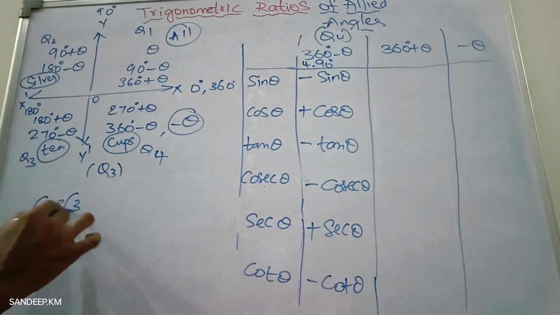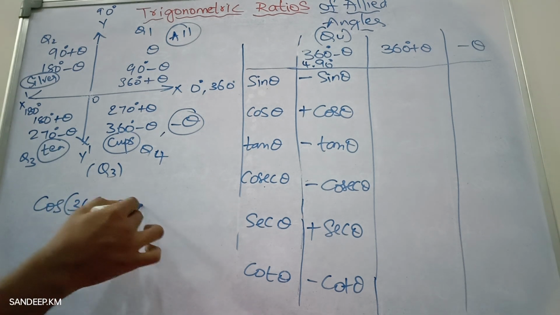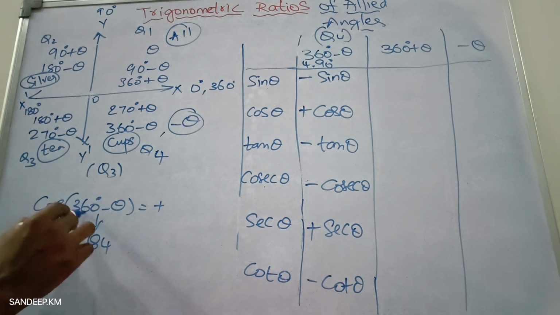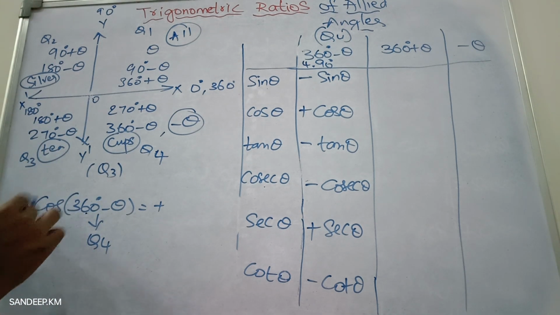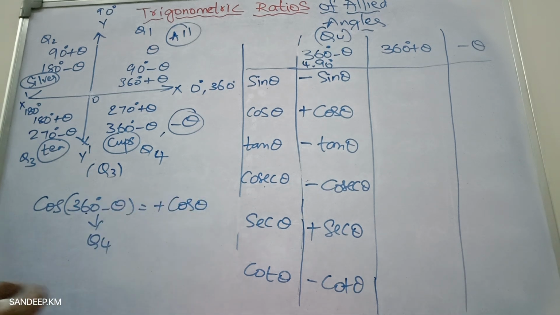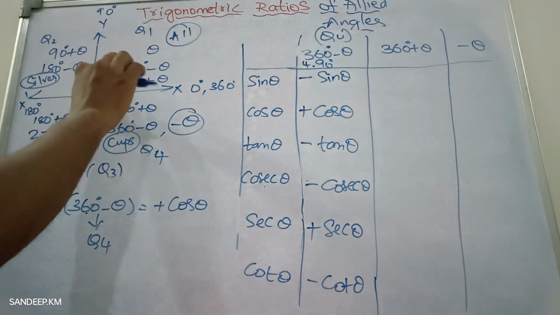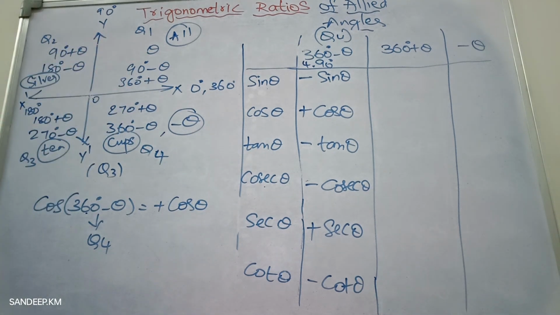How do we understand this? For example, cos of 360 degrees minus theta: 360 minus theta is an angle in the fourth quadrant. Cos is positive in the fourth quadrant, and 360 degrees is 4 times 90, an even multiple of 90, so cos remains cos. So this is how we can understand it. Next, 360 plus theta. 360 plus theta means we are back in the first quadrant.